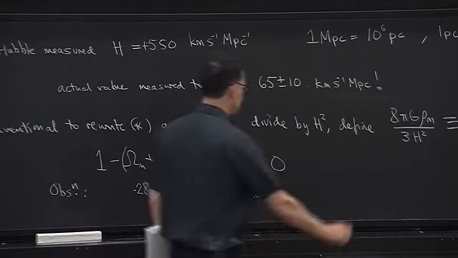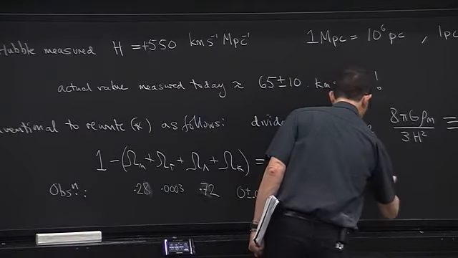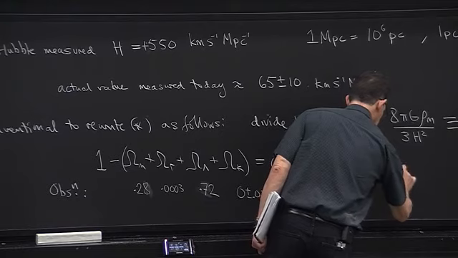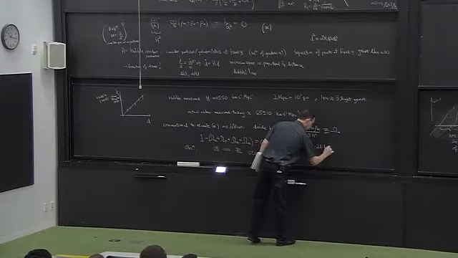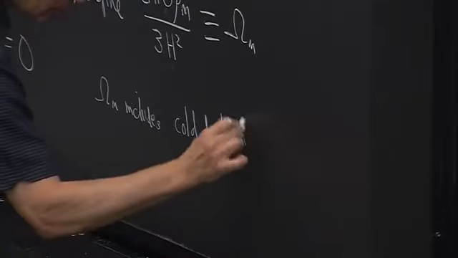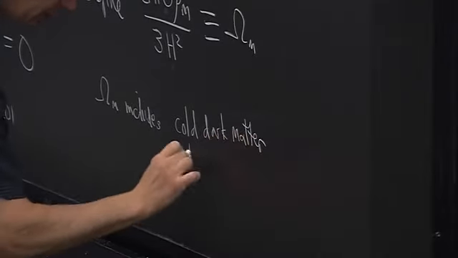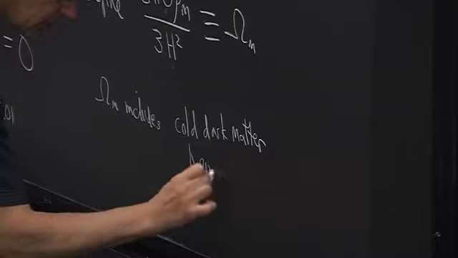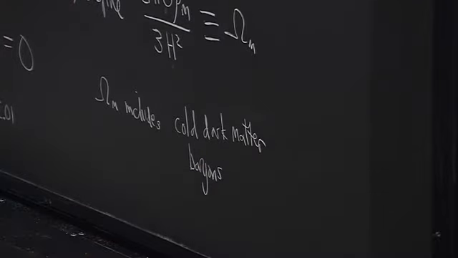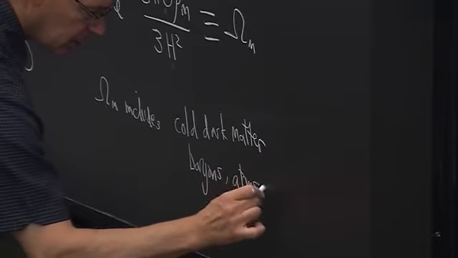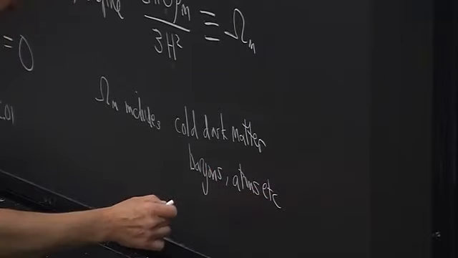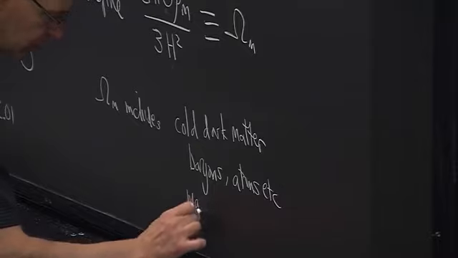So omega m includes cold dark matter and baryons, just the particles we're made of, atoms, etc., and massive neutrinos.